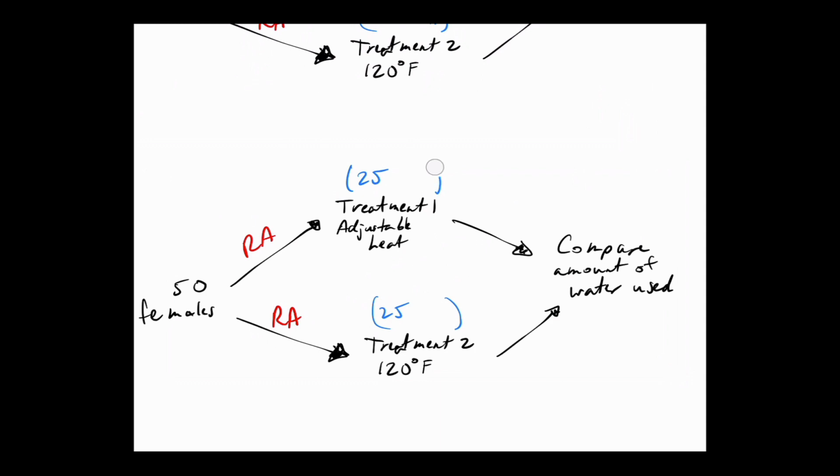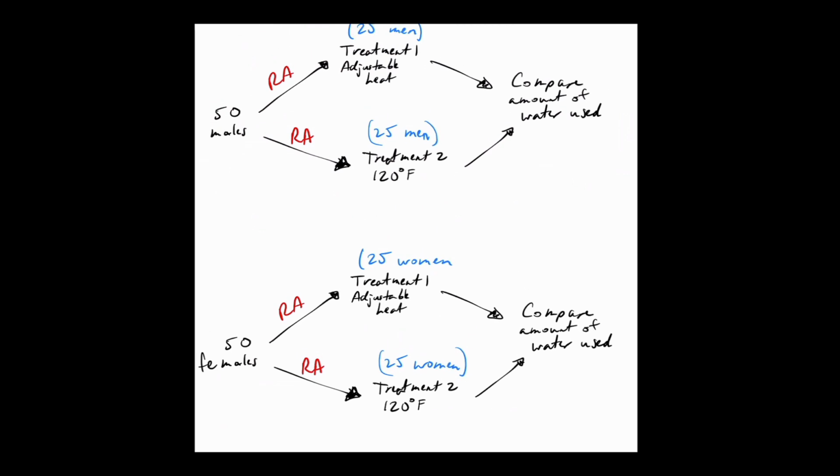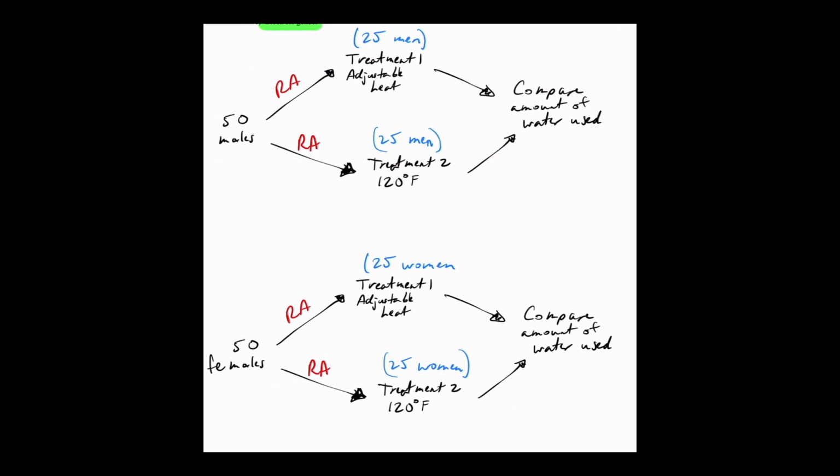However you conducted the experiment with males, you're going to do the same thing with females. You might even have them at the same time. All of this means is whenever I get the data for men, I'm not going to compare it to women. I'm only going to compare the data within gender.